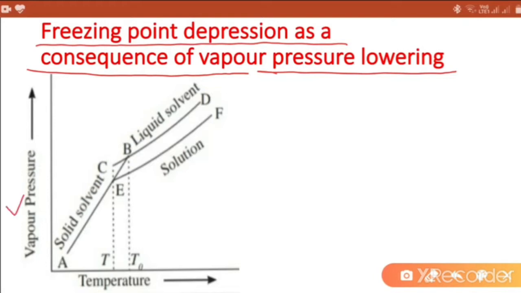If vapor pressure and temperature are plotted against each other, three curves are obtained. Curve AB, which is solid solvent, curve CD, liquid solvent, curve EF, solution.